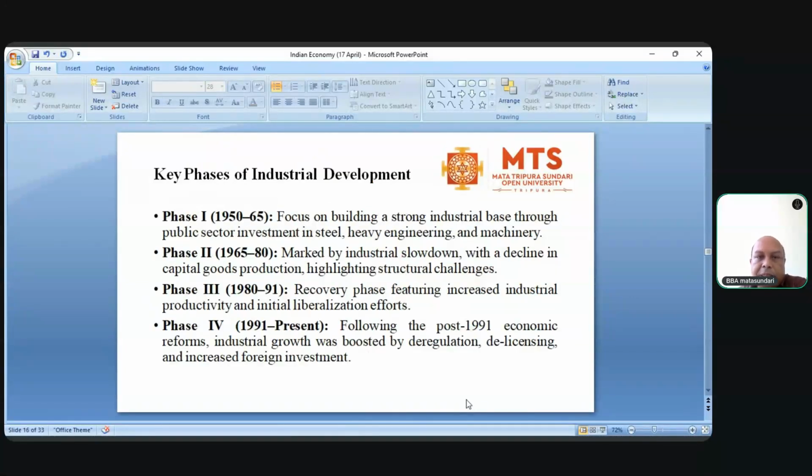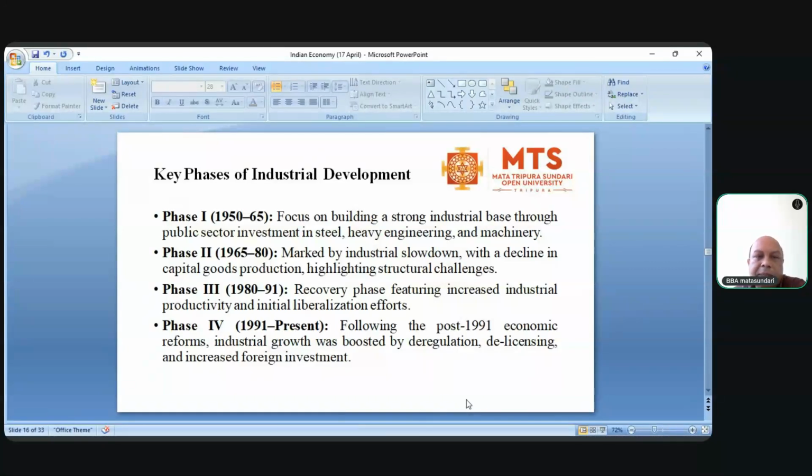Key phases of industrial development in India. Here I classify various periods in terms of growth of the Indian industrial sector. Phase one, during 1950 to 65.